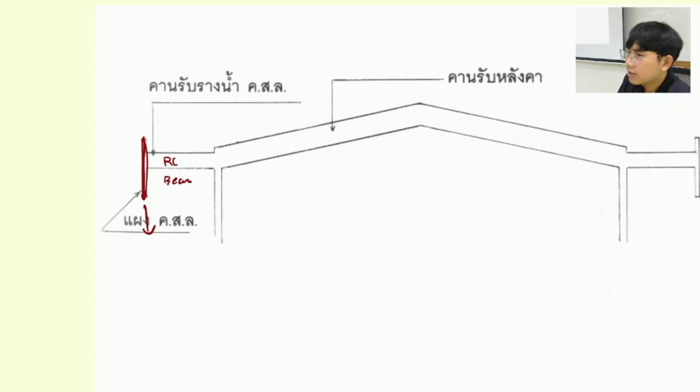In the first few years, nothing is going to happen. It's like your hand hanging like this. But at some point in time the creep occurs, and the beam tries to deflect down like this, which means it's going to produce some void or cracking at this point.